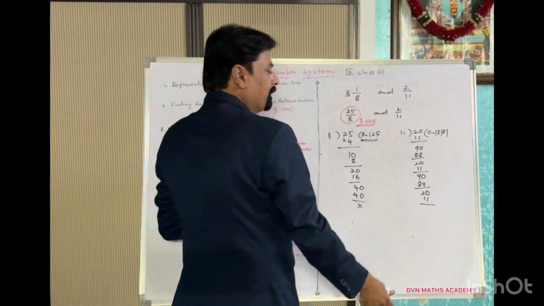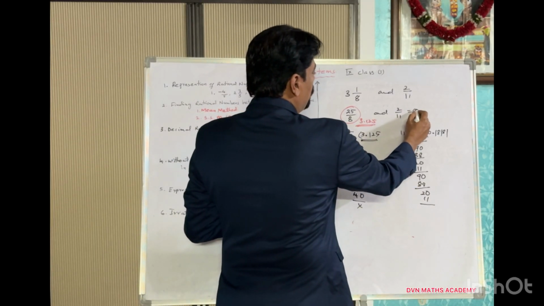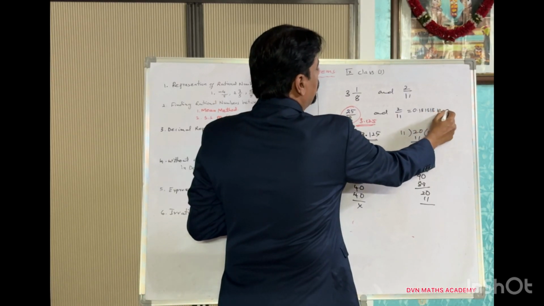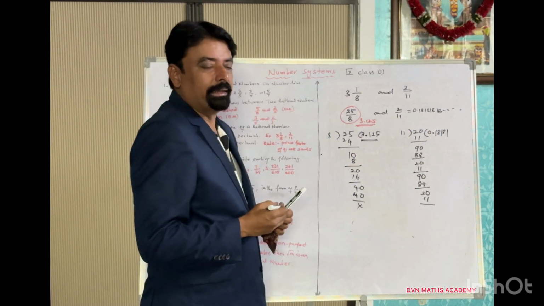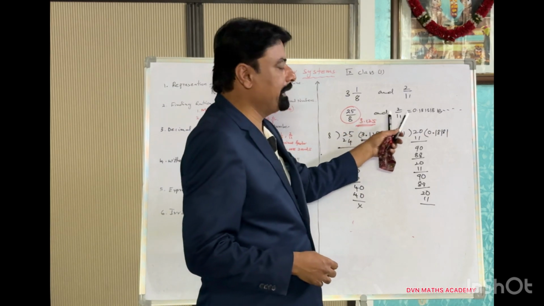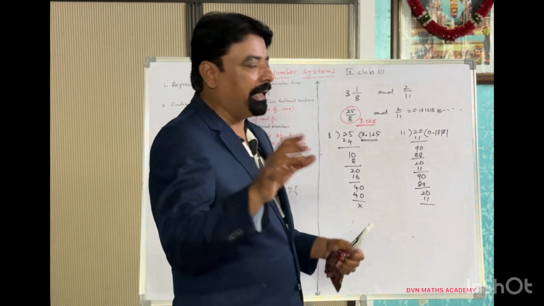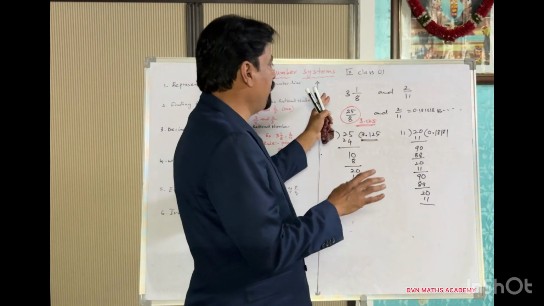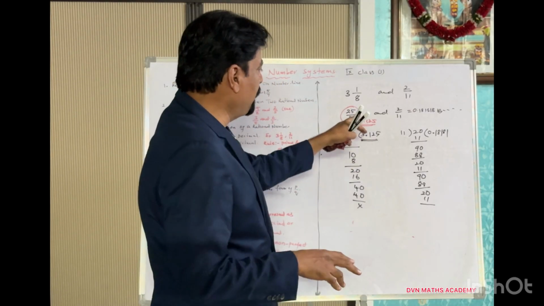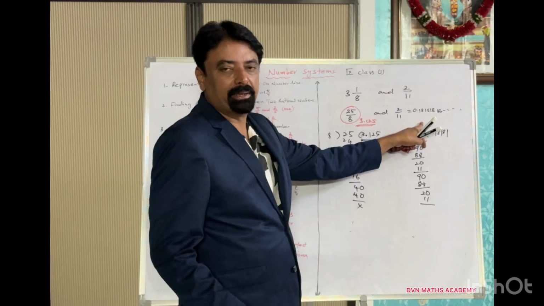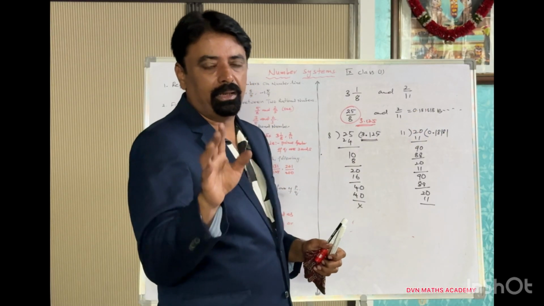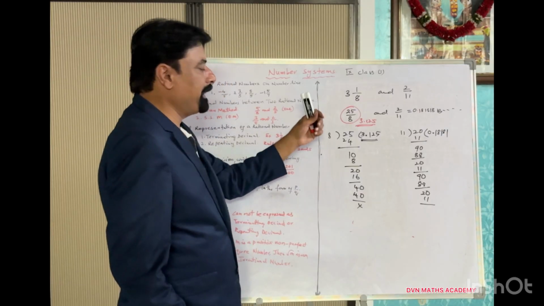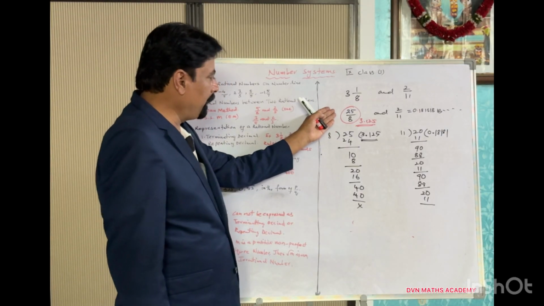So it will continue. You will get 0.18181818, and this is continuing. This means the decimal representation of 2 by 11 is a repeating decimal. So by these two examples we can say that the decimal expansion of any rational number is either a terminating decimal or a repeating decimal. There is no chance for a non-terminating, non-repeating decimal.